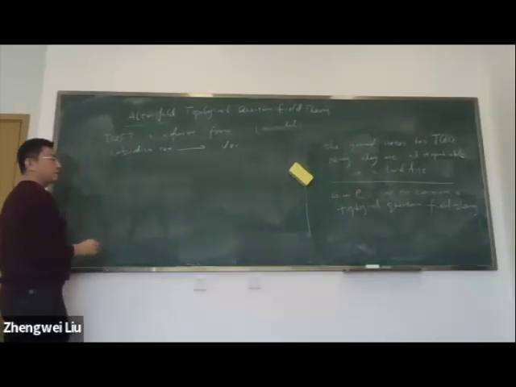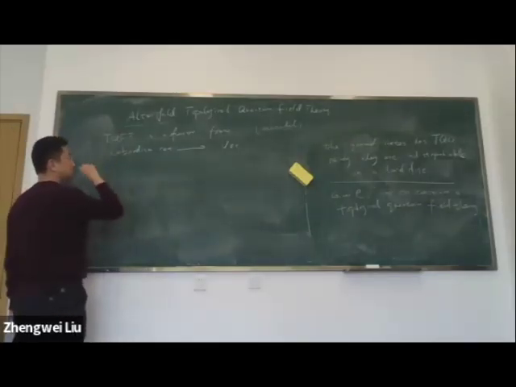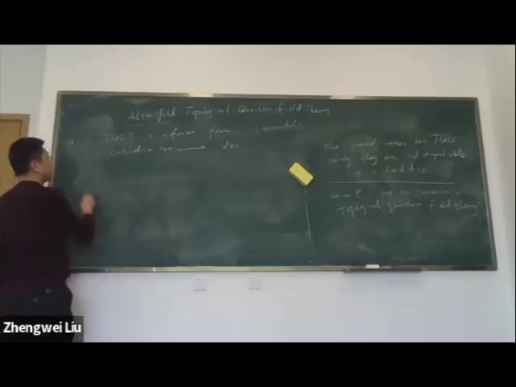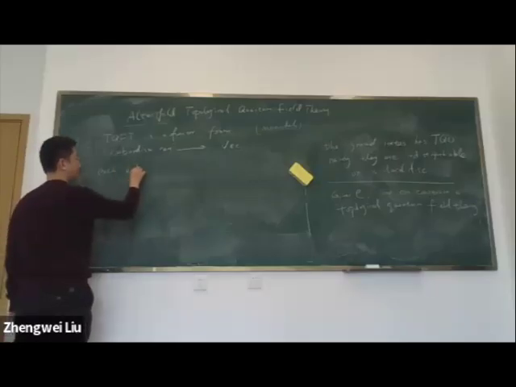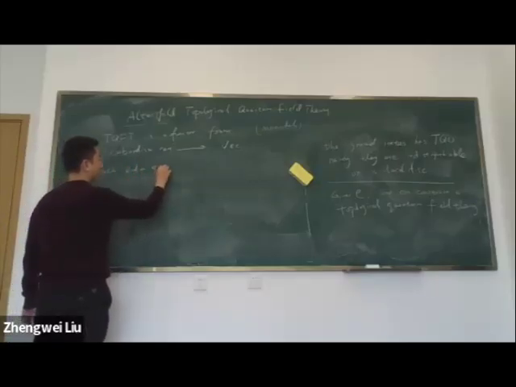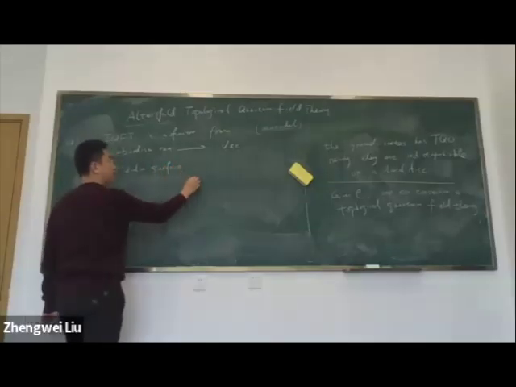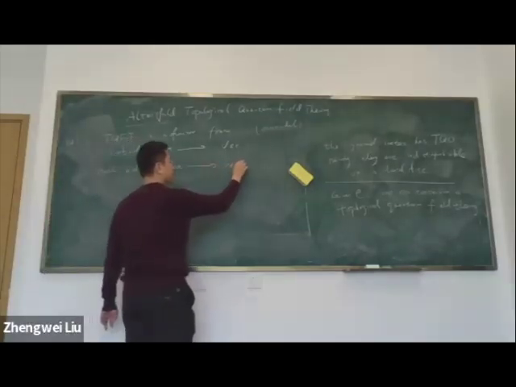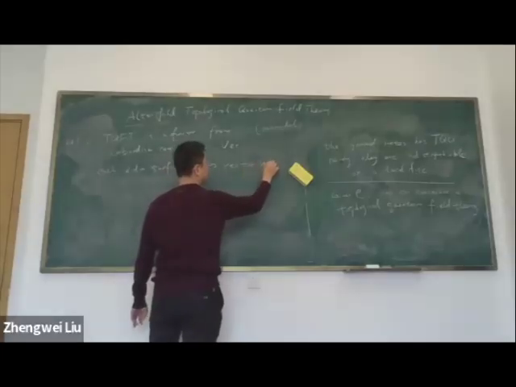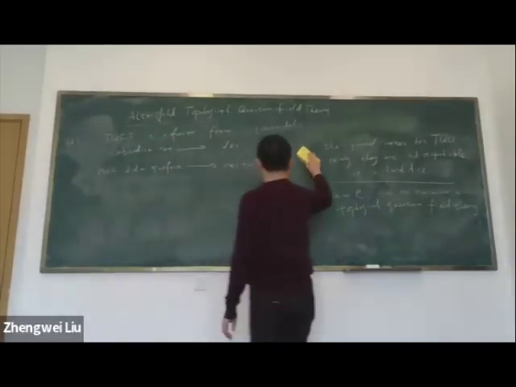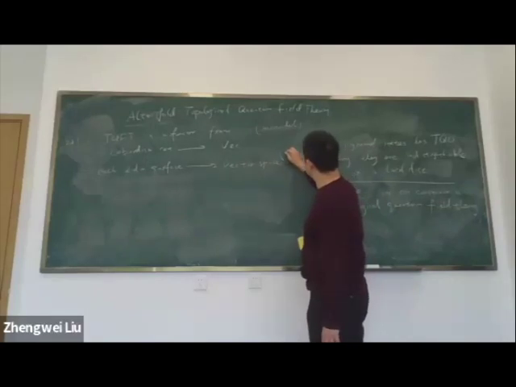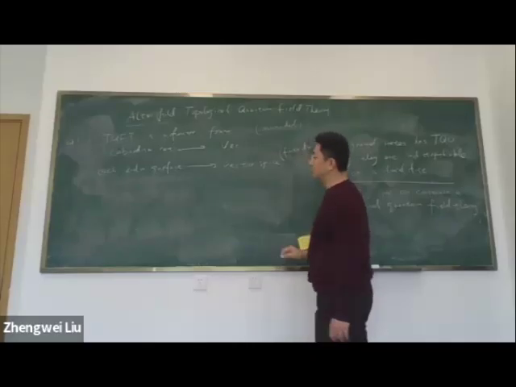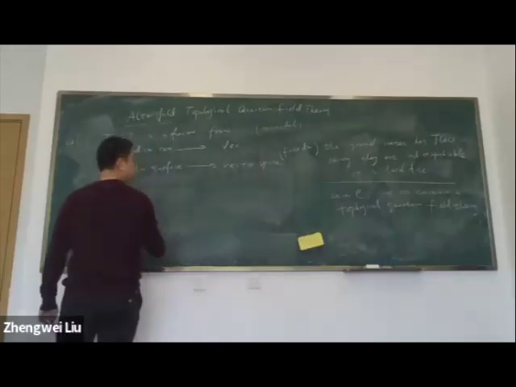So that means, now let's consider the 2+1 case. That means each two-dimensional surface is assigned a vector space. In these vector spaces, we always consider the finite dimensional case. So each surface is assigned a finite dimensional vector space.